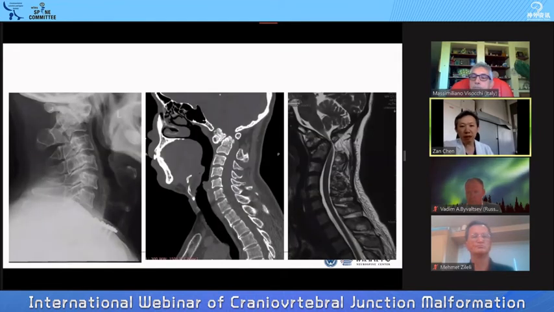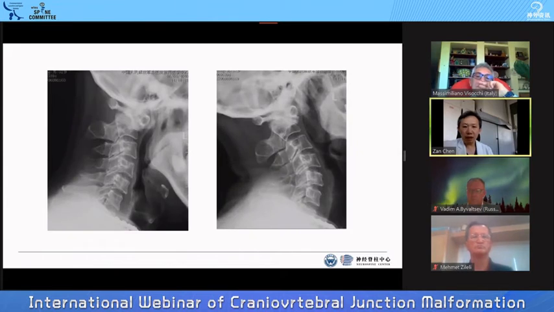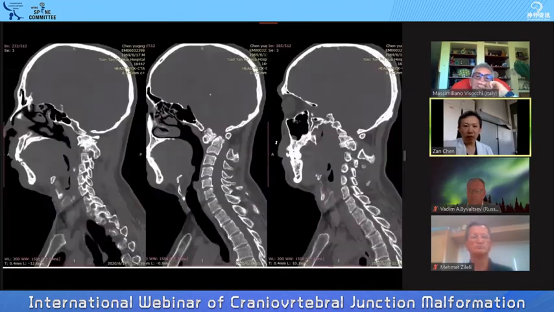And there are some severe cases in this kind of patient. For example, this case is also odontoid, but it is irreducible. We can see that there is a lot of bone fusion on the bilateral facet joint.